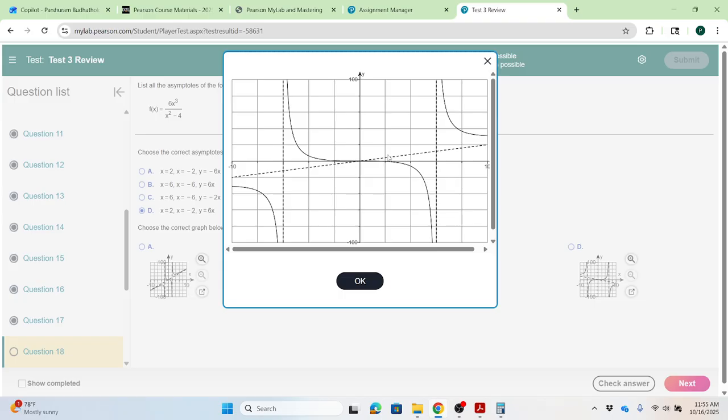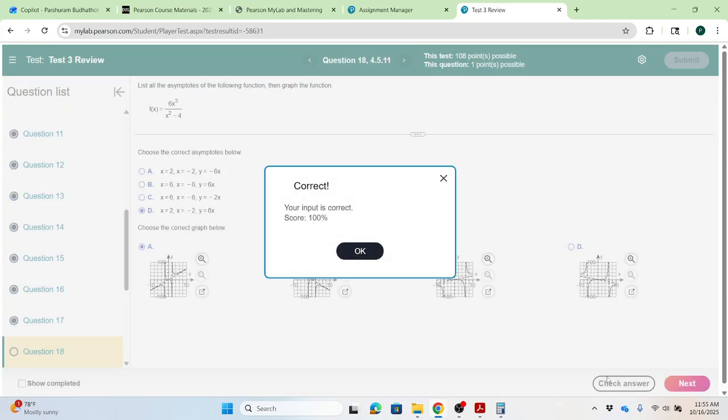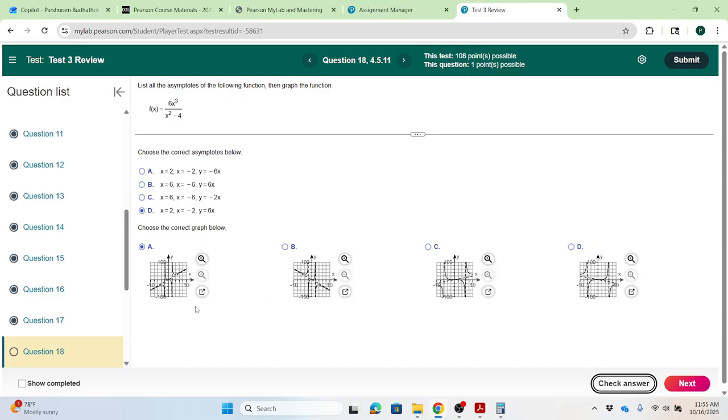But this one, if x is greater than 6, that's not one of the vertical asymptotes. So this is the only option we have, which has the oblique asymptote y equals 6x and the vertical asymptotes 2 and negative 2.